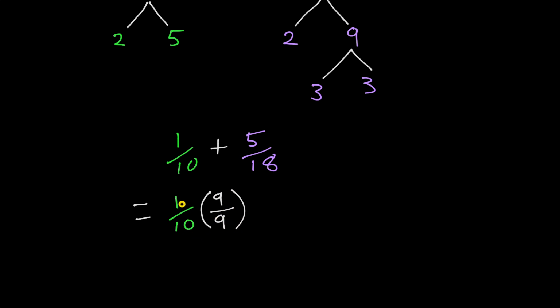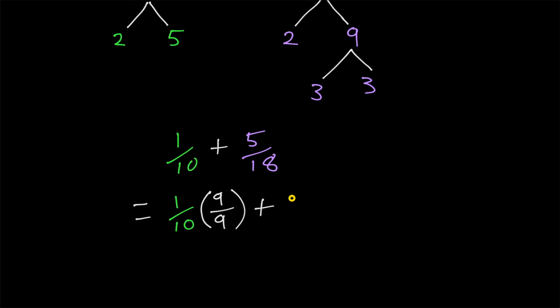Because if we multiply the denominators 10 times 9, we're going to get a denominator of 90, and multiplying by 9 over 9 is the same thing as multiplying by 1. Everything we have here in the brackets is equal to 1, and any number multiplied by 1 is just equal to itself.